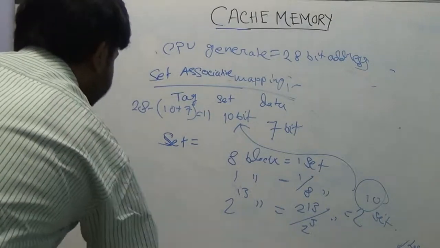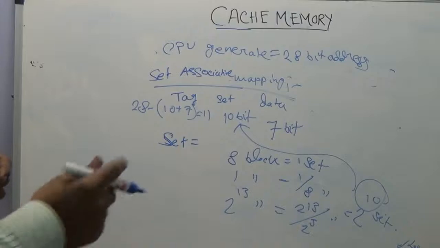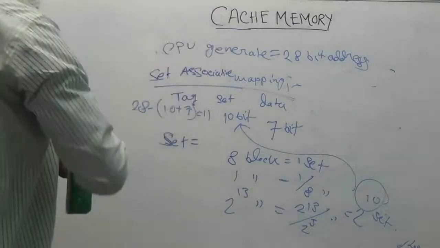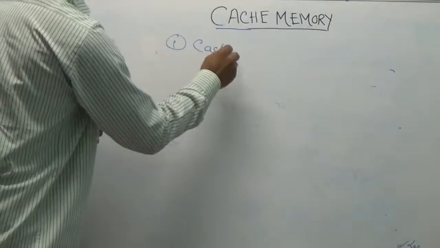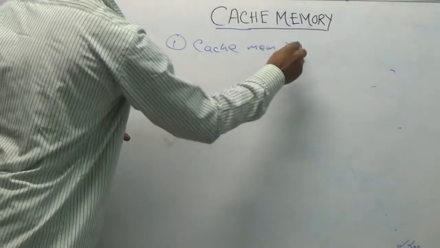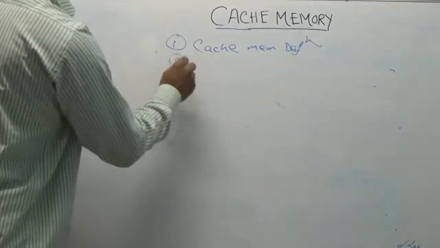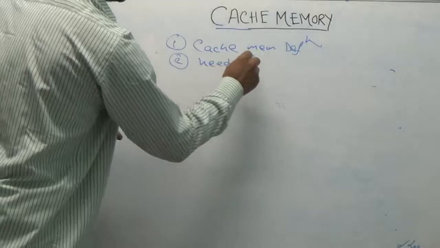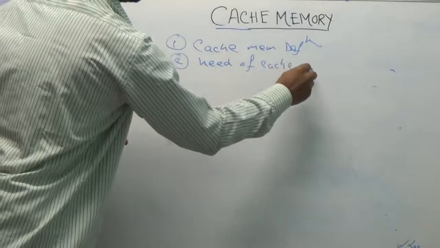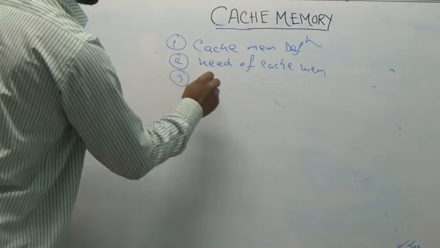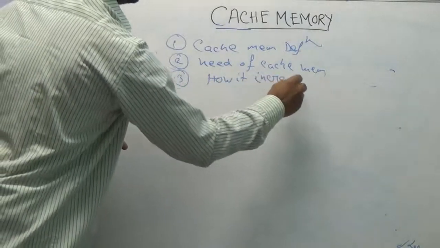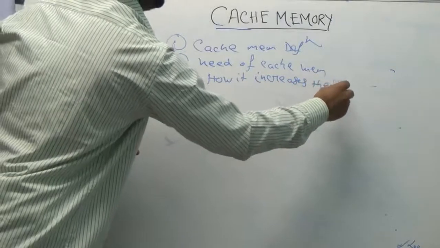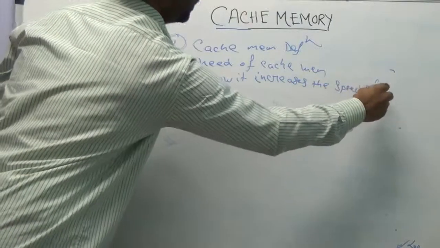From this lecture, if we summarize what we have learned, first we have learned the definition of cache memory. Number 2, the need of cache memory. Number 3, how it increases the speed of execution.